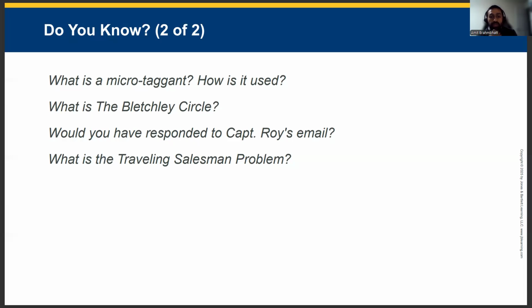Would you respond to an email from Captain Roy? It reminds us of how phishing scams often mimic authority figures to lure victims. The final question asks about the traveling salesman problem, a famous optimization challenge seeking the shortest route through multiple cities. These questions reinforce how computing intersects with security, entertainment, ethics, and complex problem solving.